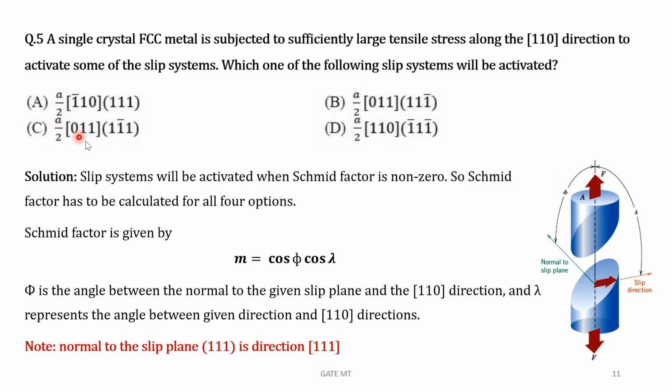So can you please calculate the values of m for these four options and tell me in which one of the following slip systems is activated? We have to calculate m for all four options, and whichever option gives us a non-zero value, that will be the answer. So can you please calculate?